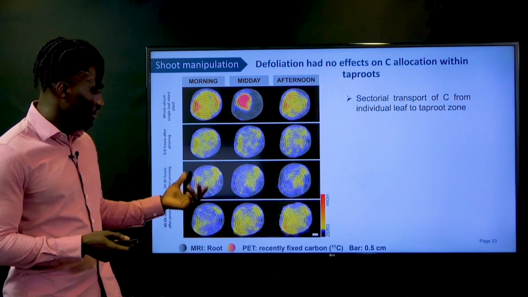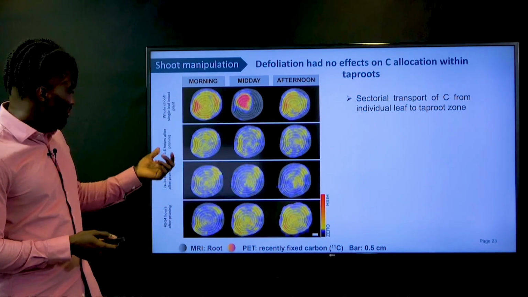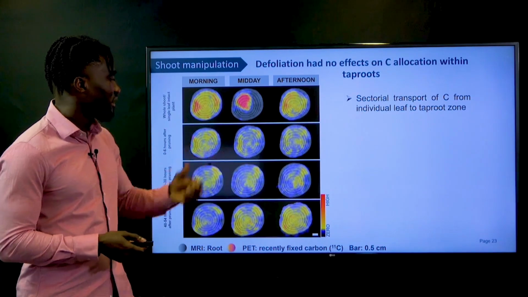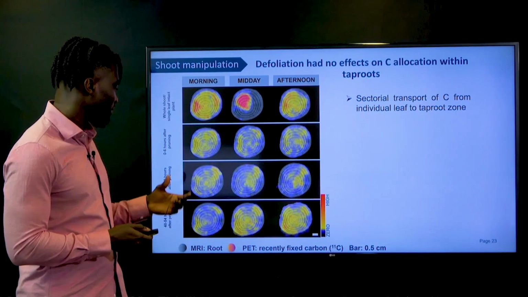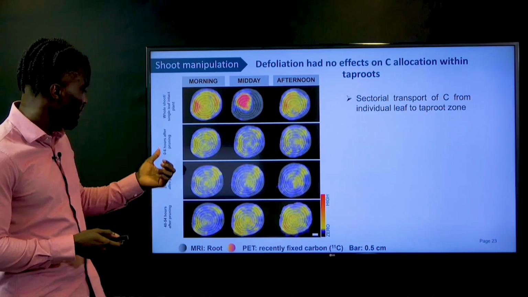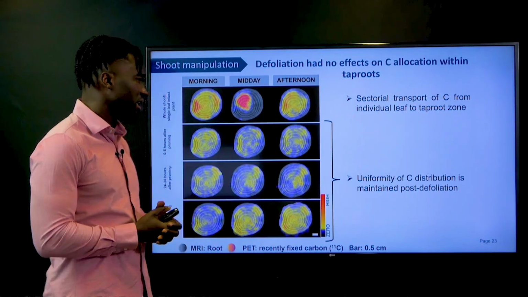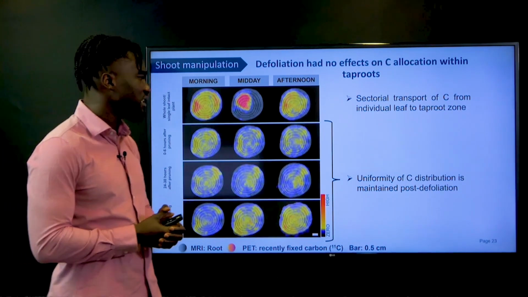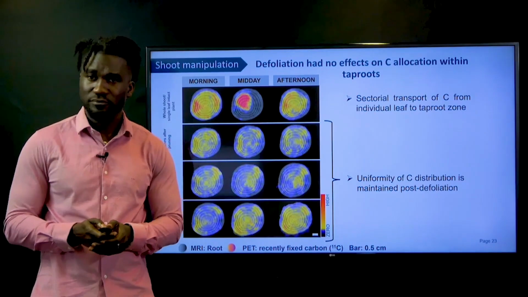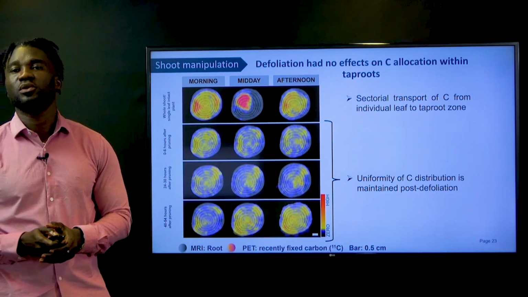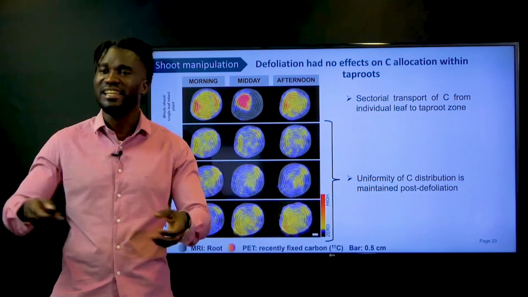Indeed, there was uniformity, or homogeneity, in resource distribution after the shoot manipulation, following the distribution patterns from 0 to 6 hours, 24 to 30 hours, and 48 to 50 hours, thereby confirming that uniformity in carbon distribution is maintained post-defoliation.